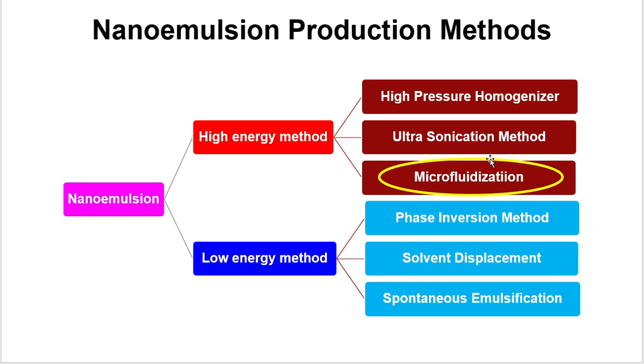Commonly we use microfluidization for preparation of nanoemulsion. When you talk about low energy methods, we can use phase inversion, solvent displacement or spontaneous emulsification methods. We generally use the microfluidization method for preparation of our nanoemulsion.